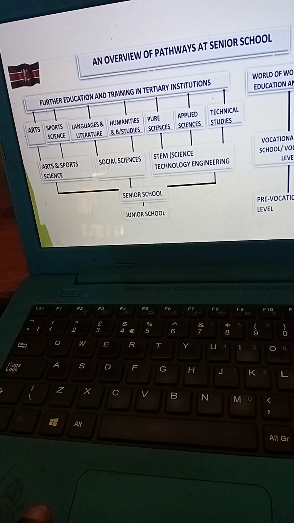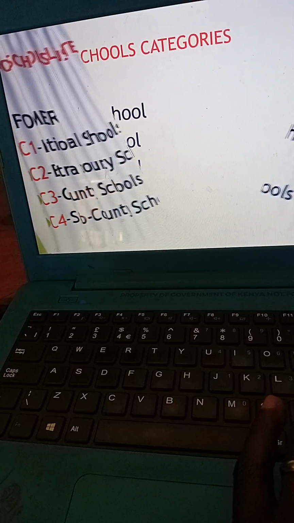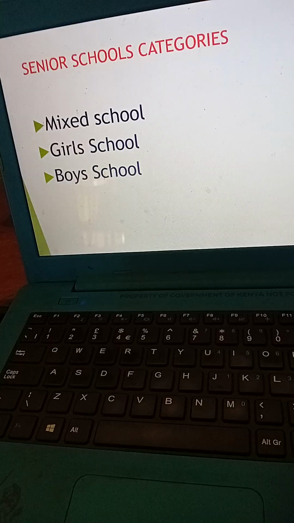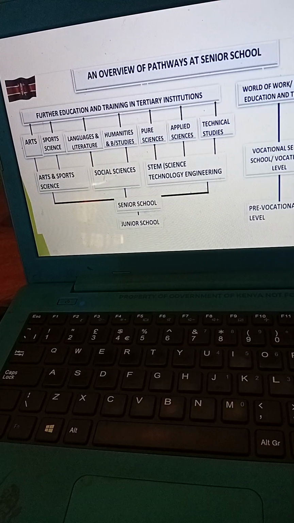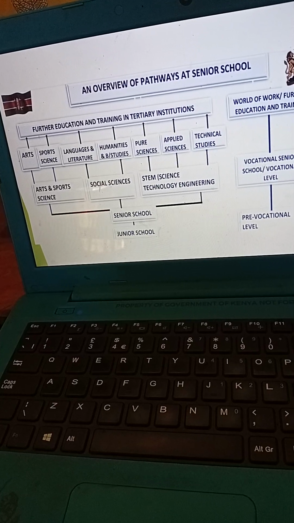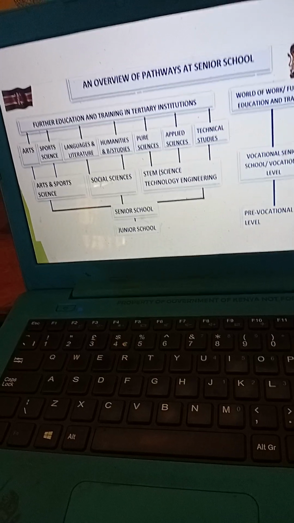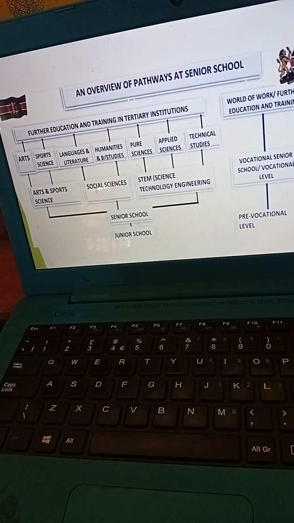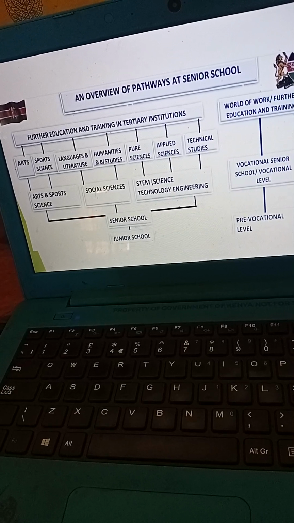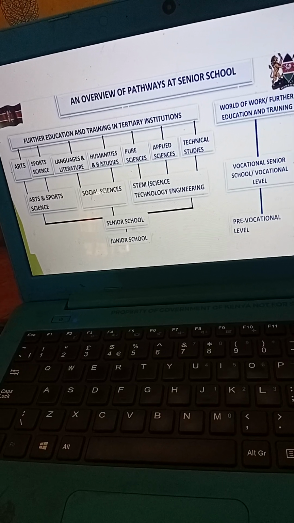And then we have social science. Social science has 2 tracks: languages and literature, then humanities and business studies. And then STEM, which is science, technology, engineering and mathematics. That one has 3 tracks: pure sciences, applied sciences, and technical studies.